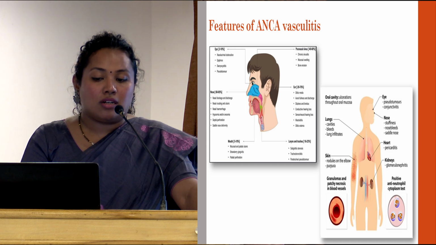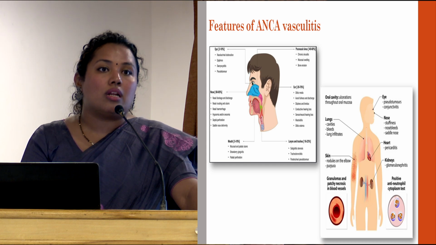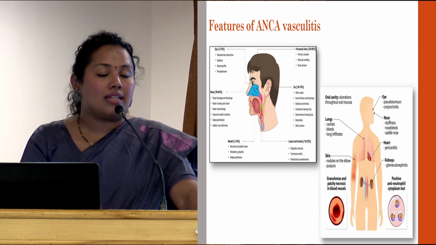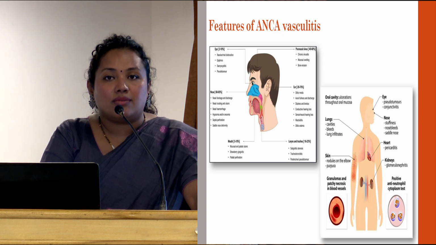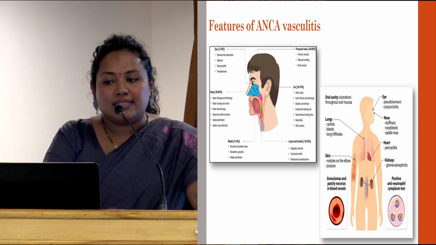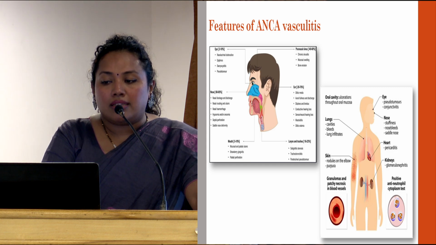They can have multiple oral ulcers which can involve the hard and the soft palate. When involving the lungs, they can present with cavities or bleeds, which we are worried about, and lung infiltrates. They can involve the kidneys, causing glomerulonephritis.